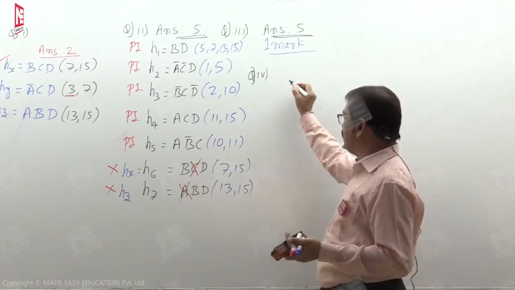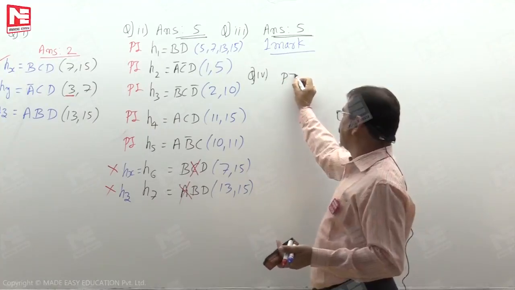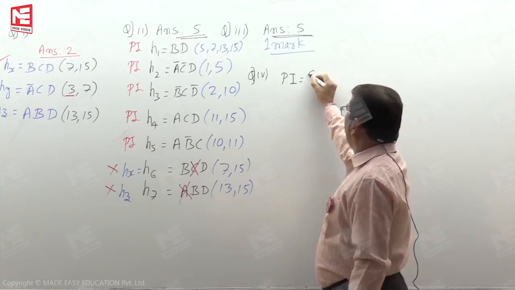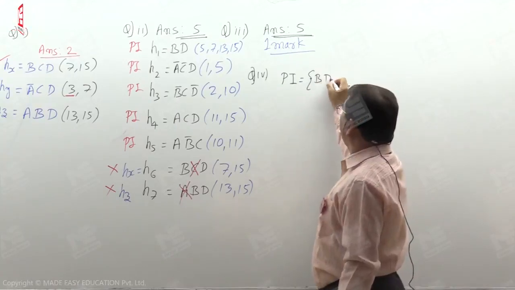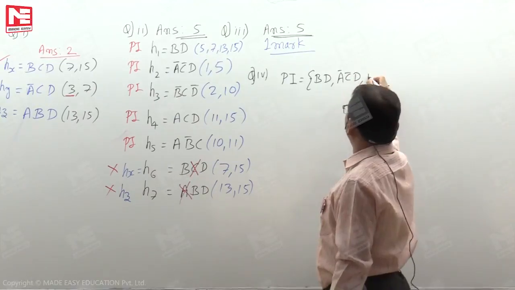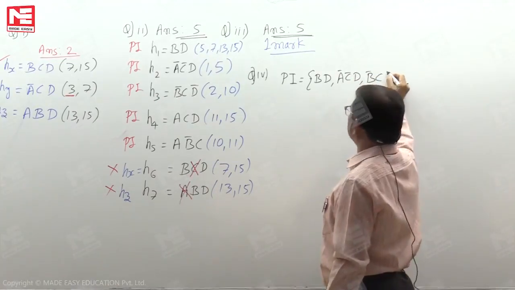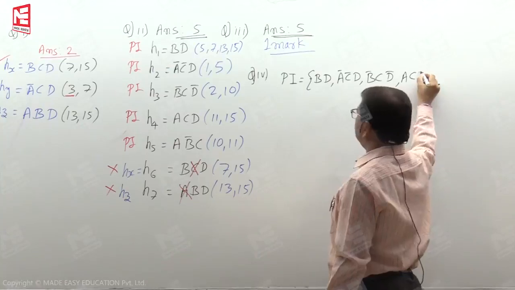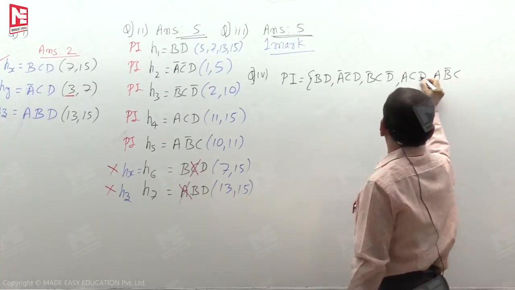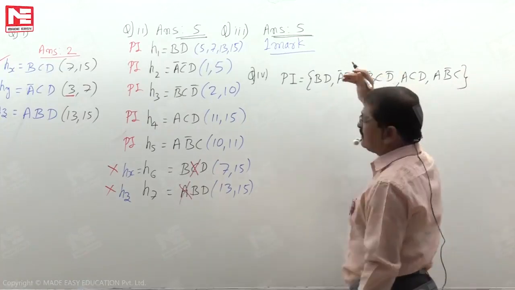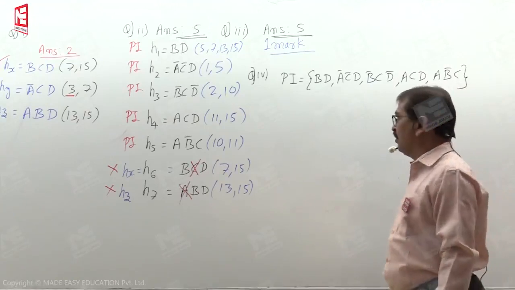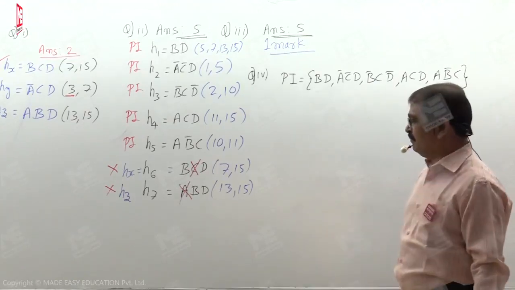Coming to this question, the prime implicant set is BD, A complement C complement D, B complement C, D complement, ACD, A B complement C. So this is the prime implicant set for the given function f of ABCD in the example we are looking at.